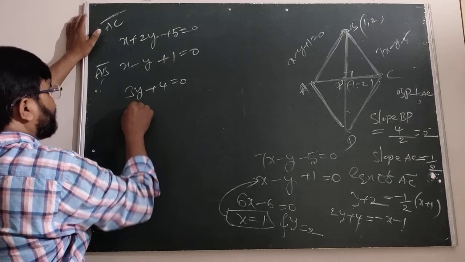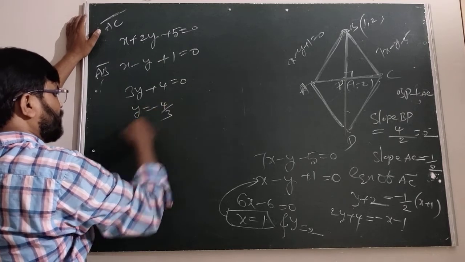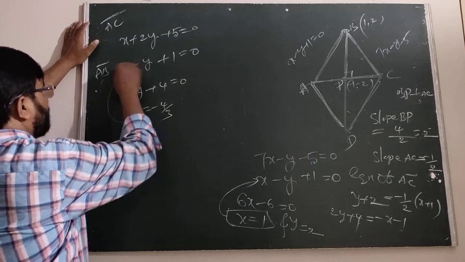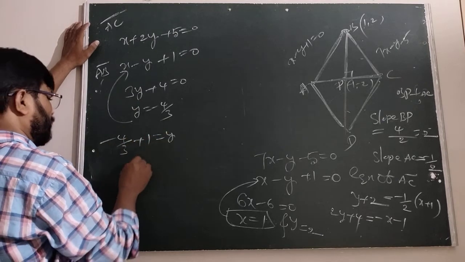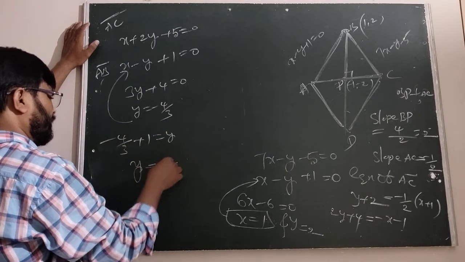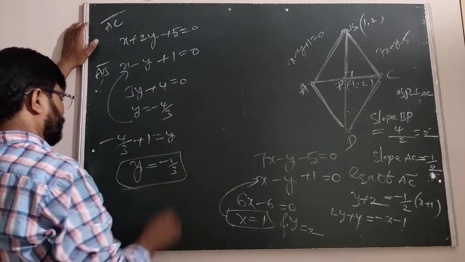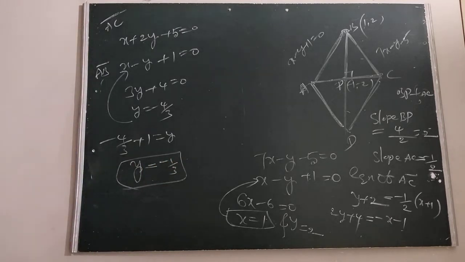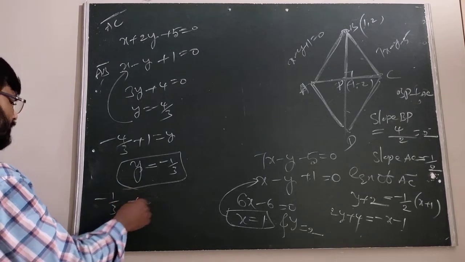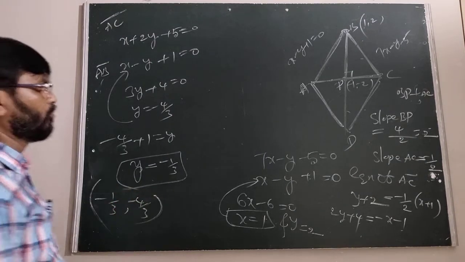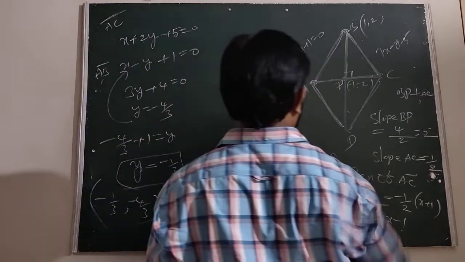Now we can write y equals minus 4 by 3. Substituting this, minus 4 by 3 plus 1 equals y, so y equals minus 1 by 3. Now we got (-1/3, -4/3). This is the point A.